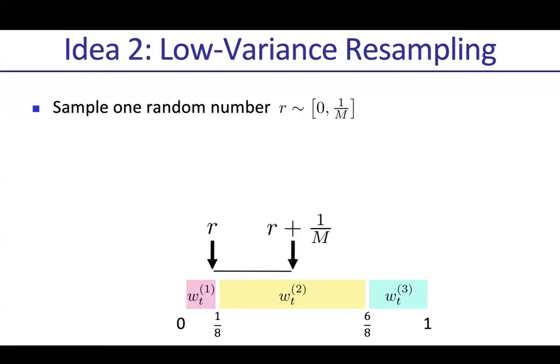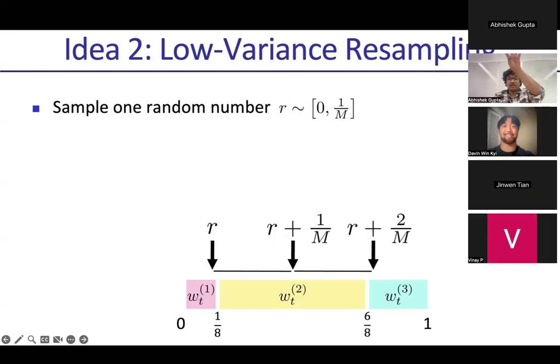And so imagine you wanted to pick m particles. You can pick the rest of the particles equally spaced out. So you can say, my starting point is randomized, but if I want to pick m particles, every other thing that I pick is going to be a fixed distance away, right? Whereas in the previous case, we're sampling independently every time. And here we're saying these are not independent, you're sampling them together.